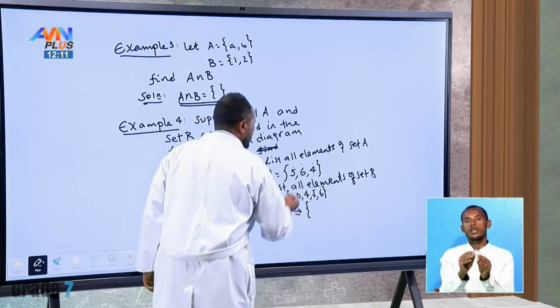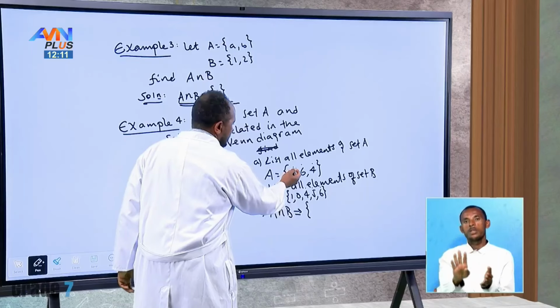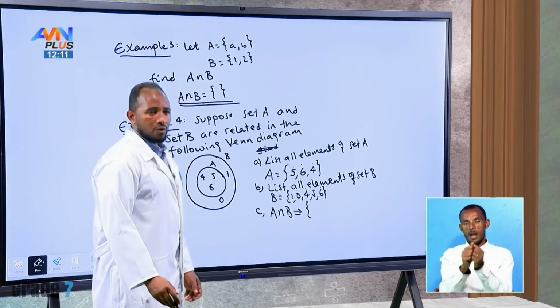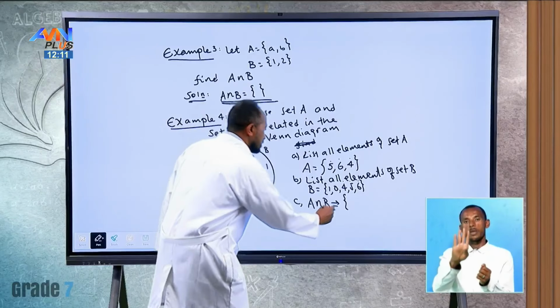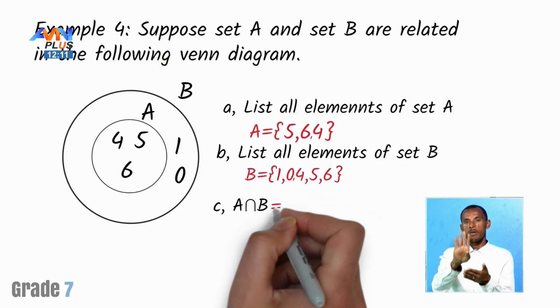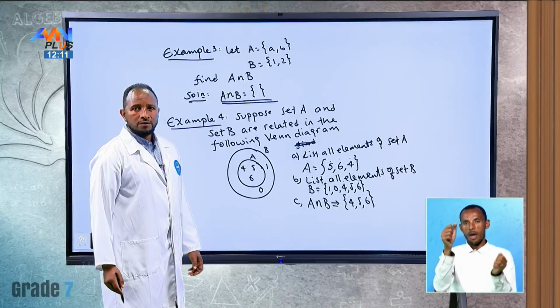Set A contains 4. Set B also contains 4. Therefore, 5, 6, and 4 are the common elements for both. Therefore, the intersection of A and B is the elements 4, 5, and 6.